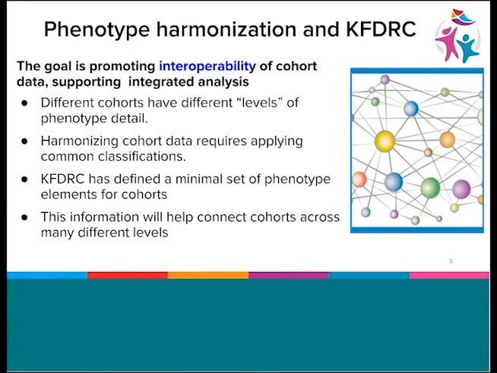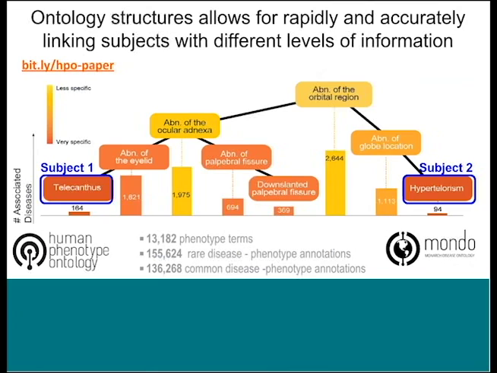So to give you an example of how this could work, for those of you who aren't really familiar with directed graph structures, every highly detailed diagnosis or disease classification in a well-structured ontology will have information at the tips of the branches of the trees.